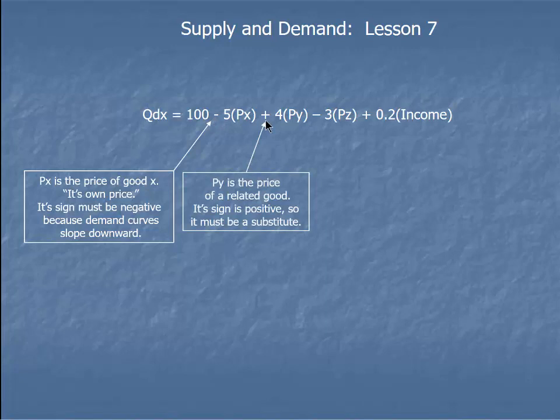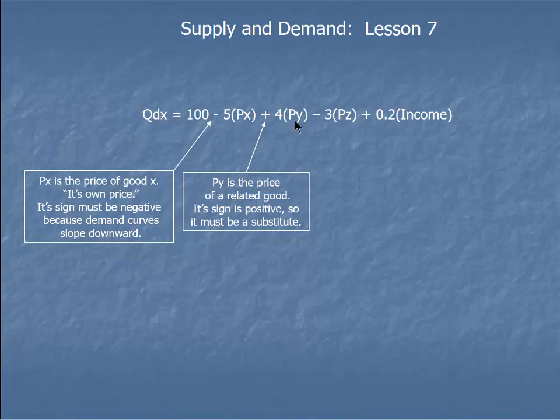But this sign right here could be positive or negative. In this case, it's positive, which means that good Y and good X must be substitutes, because when the price of good Y goes up, because of that positive sign, sales of good X go up. So substitutes are things that when the price of one goes up, the sales of the other goes up.